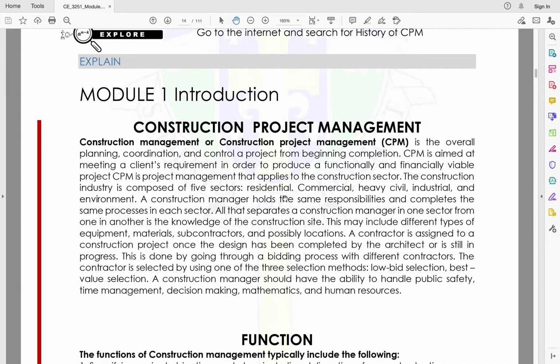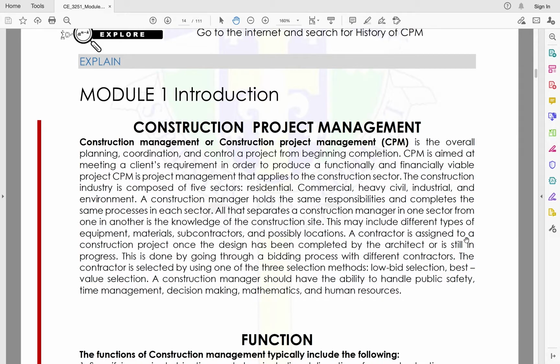Residential is smaller compared to a commercial structure, likewise with other sectors. Therefore the knowledge for the construction site is different. This may include different types of equipment, materials, subcontractors, and possibly locations.